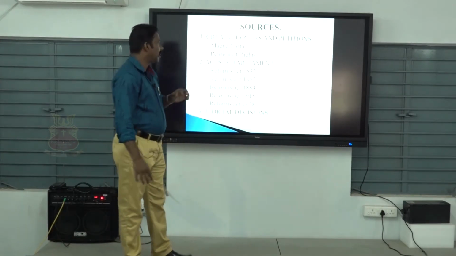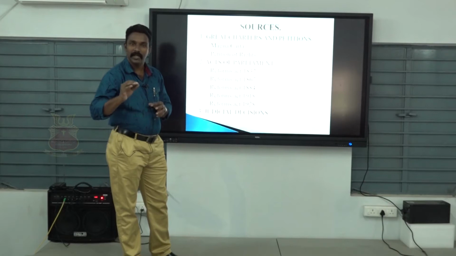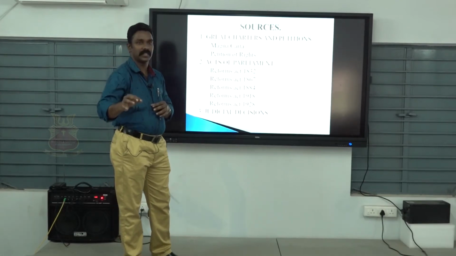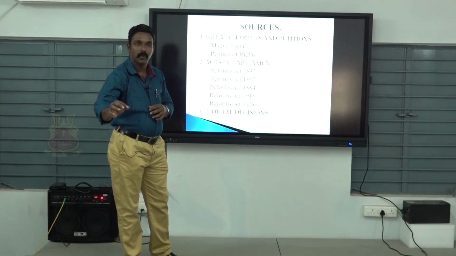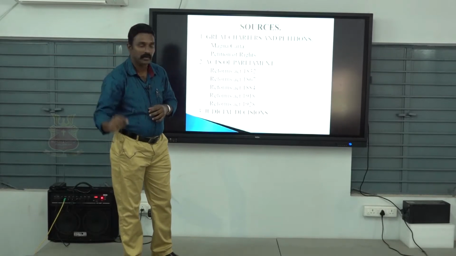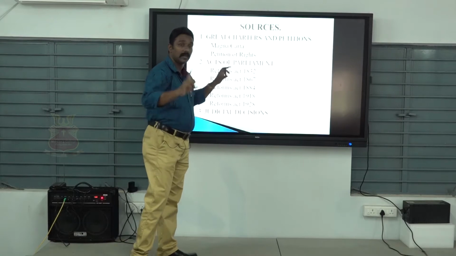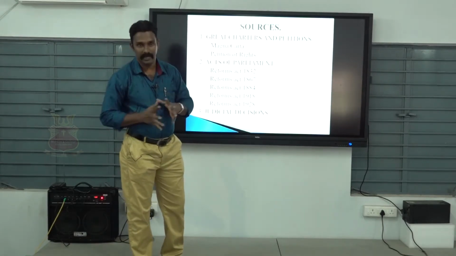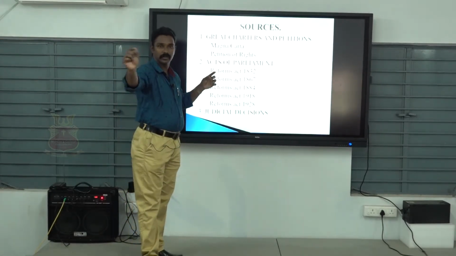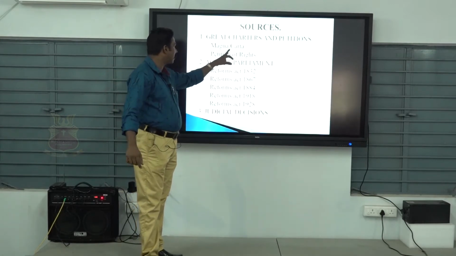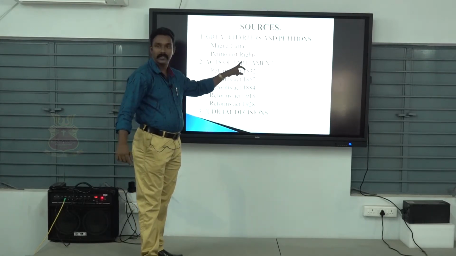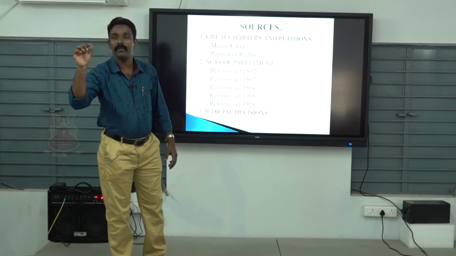Many agitations flourished in England, and people got rights through the Magna Carta, the Petition of Rights, and the third point, the Bill of Rights. Note the points: Magna Carta, Petition of Rights, and Bill of Rights.